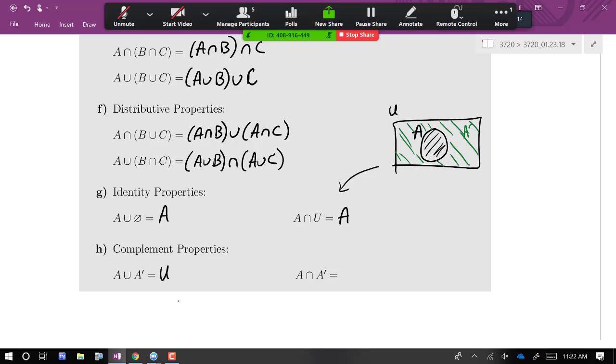Let's look at the same Venn diagram. So I've got A shaded in black. I've got A complement shaded in green. What happens if I intersect them? Where's their overlap? So you're saying that the stuff in black is shaded in both black and green?